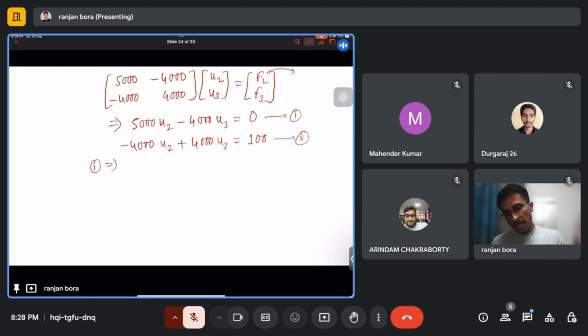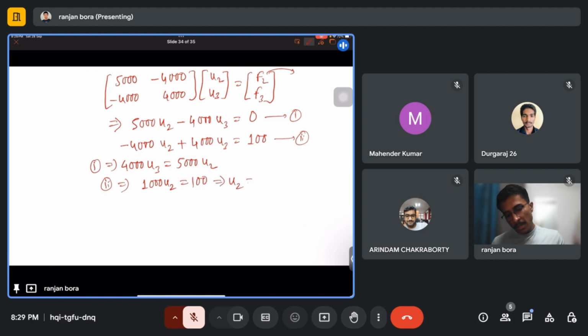From equation 1, 4000 U3 is 5000 U2. From equation 2, if we substitute, it will be 1000 U2 equal to 100.